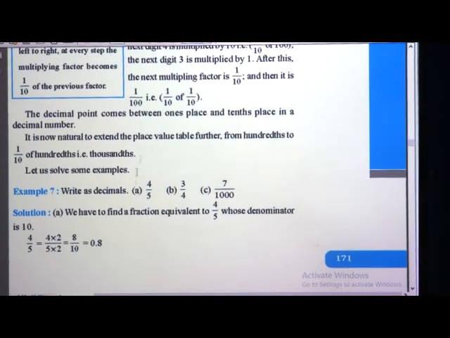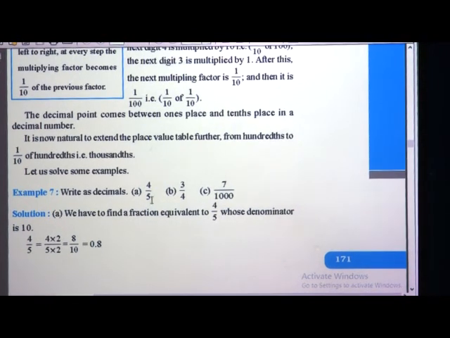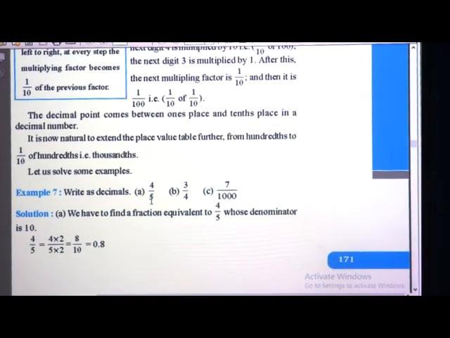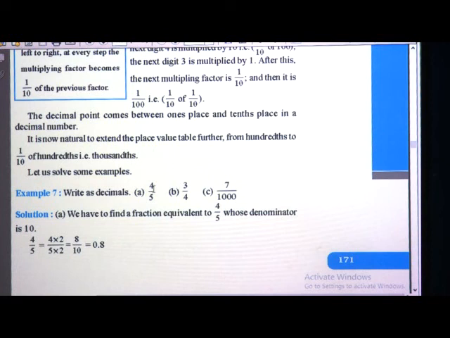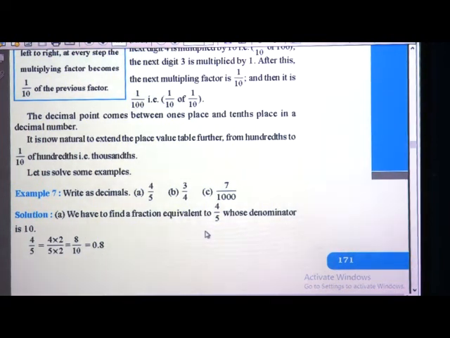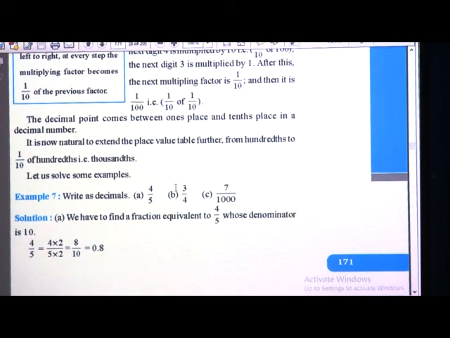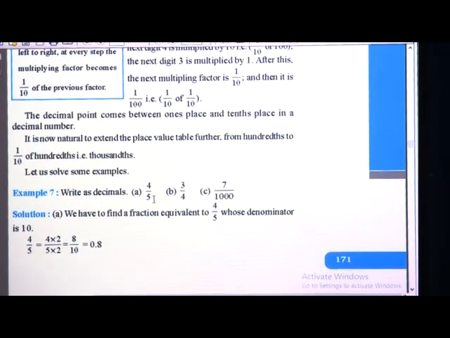Here we do not have the denominator as 10, and if we have the denominator as 10, then only we can give the decimal point. So, 4 by 5. What we need to do here? We need to find an equivalent fraction to this fraction. After getting it, then we can convert it into decimal notation. So, let us see how we can do that.